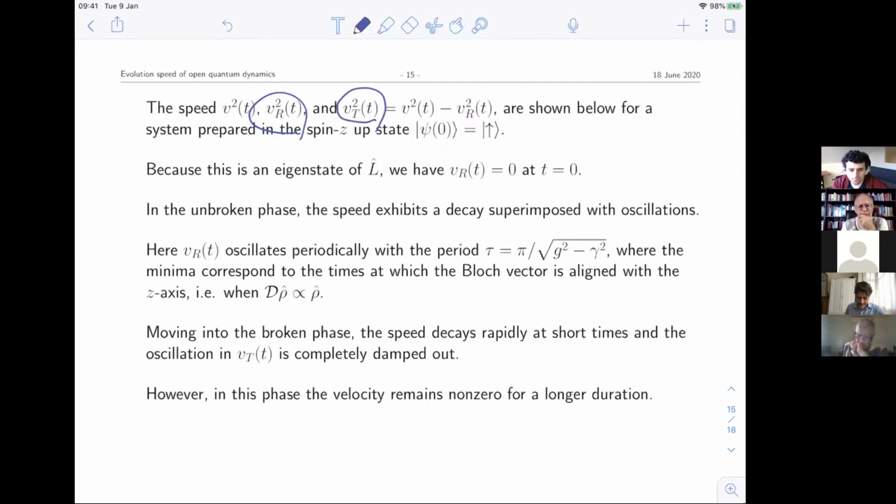And in particular, Vr oscillates periodically with a given period, and I'll show you the picture in a moment. Whereas in a broken phase, nothing interesting happens. Things just decay. Very much like in the case of various experiments being implemented for PT symmetric systems in a classical context. So you get very similar behavior in the context of open systems.